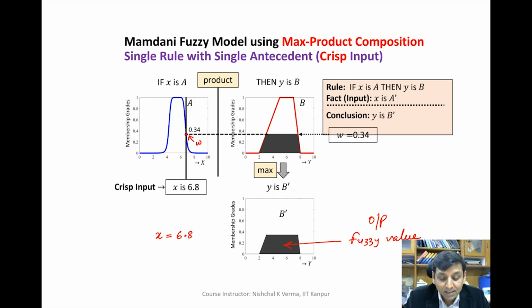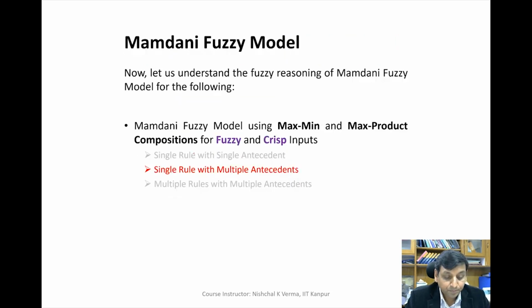So single antecedent will produce only the single weight W, and whether we use the min or product, this is going to give us the same. So that is why the max product or max min, both the compositions are going to give us the same result.